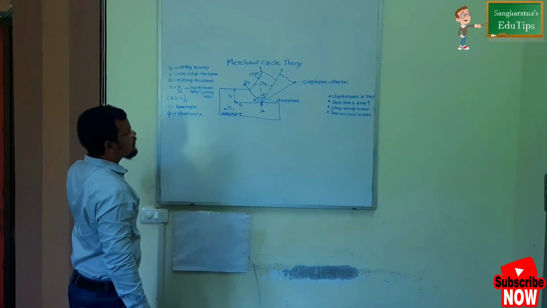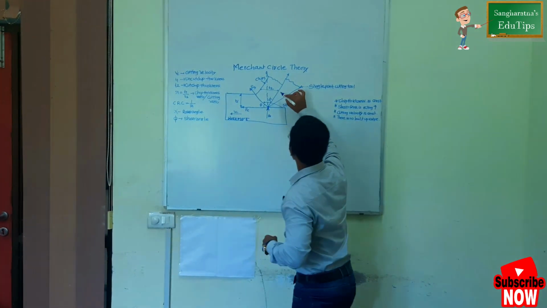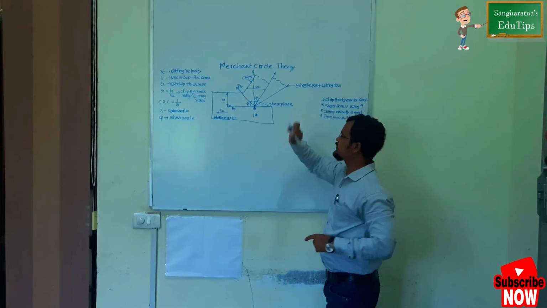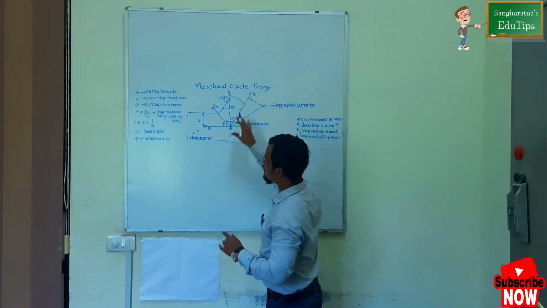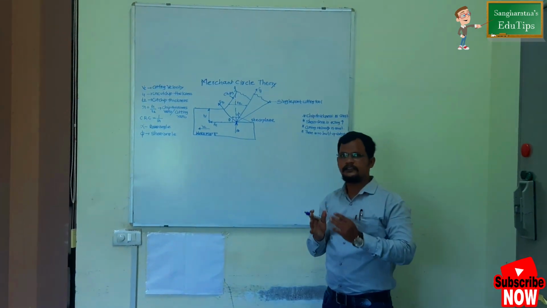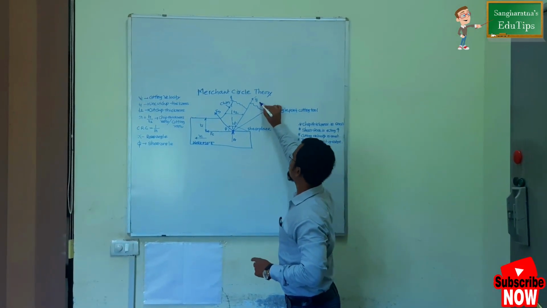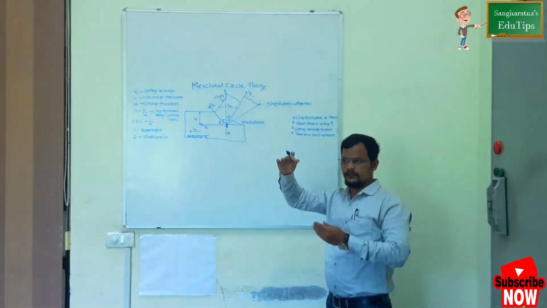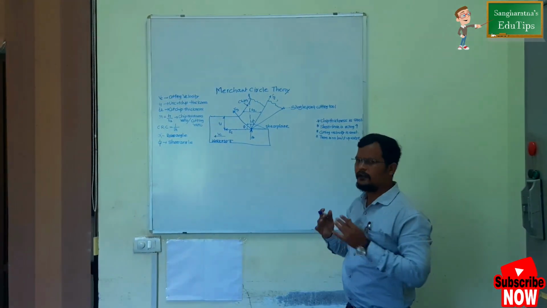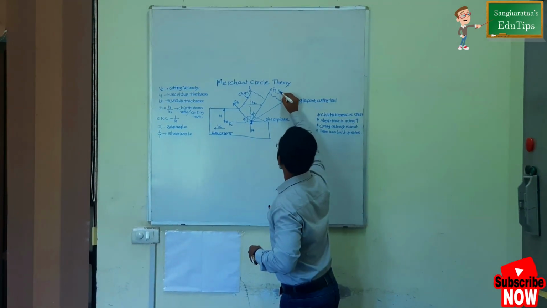So now we have established one figure to calculate. We can say that between the tool and the chip, there will be some friction. This is represented by the frictional force. There will be some force acting between the chips and the tool, denoted by the frictional force. Along with that, the chips are moving along the rake surface of the tool with some velocity, which is denoted by the friction velocity.